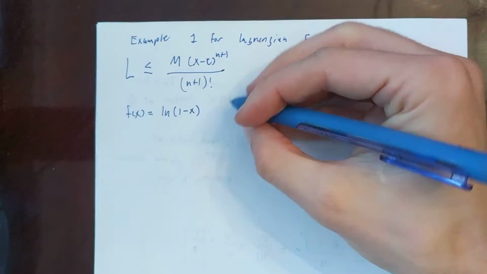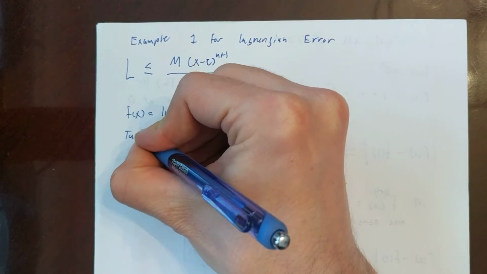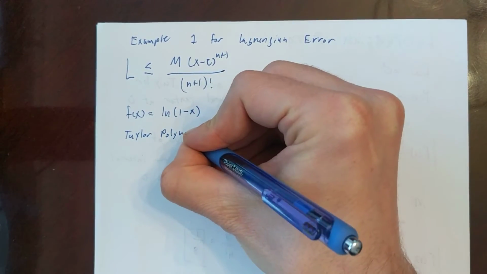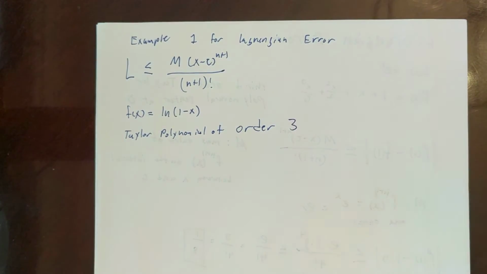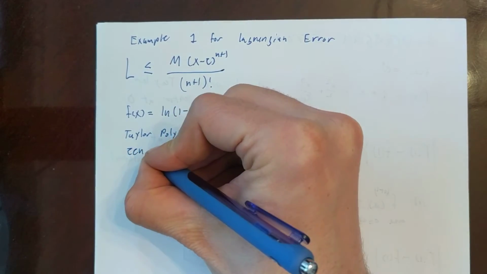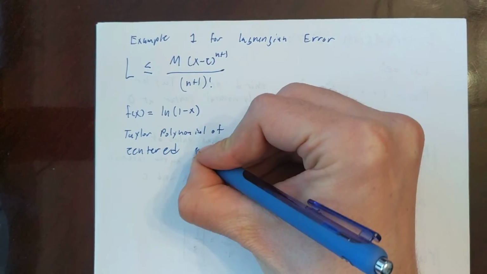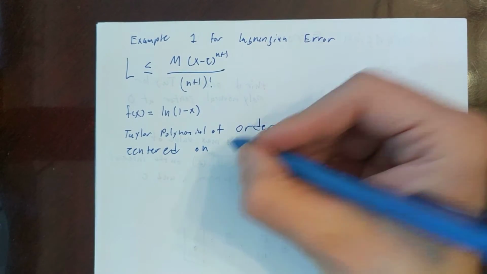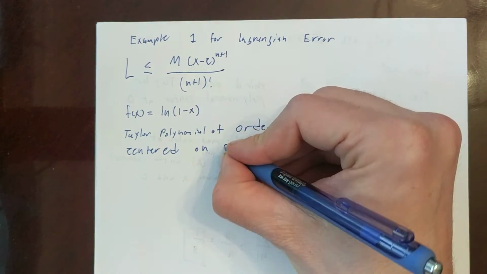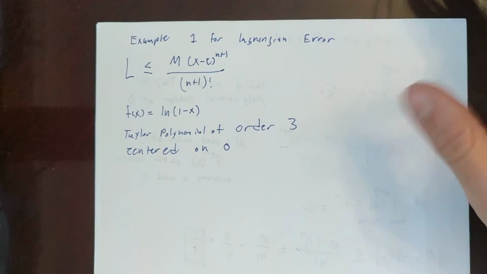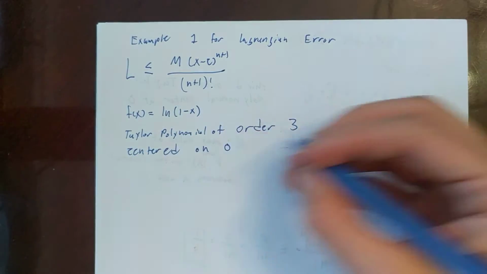And I want to find the Taylor polynomial of order 3, centered on 0. That makes sense.